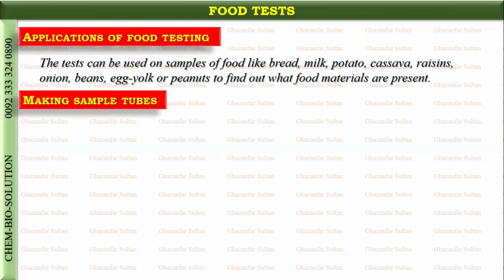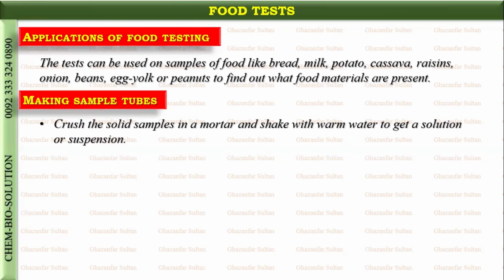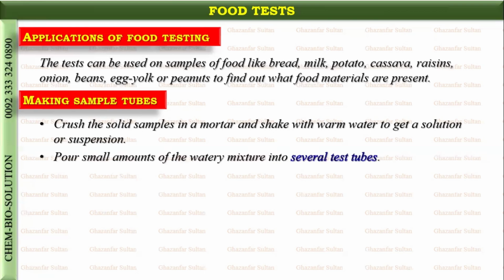So how to perform the test with these samples? First, we will make the sample. We crush the solid samples, proteins or any type of carbohydrate, in a mortar and shake with warm water to get a solution or its suspension. Then we will pour a small amount of the watery mixture into several test tubes because we have to perform tests for all types of food material.